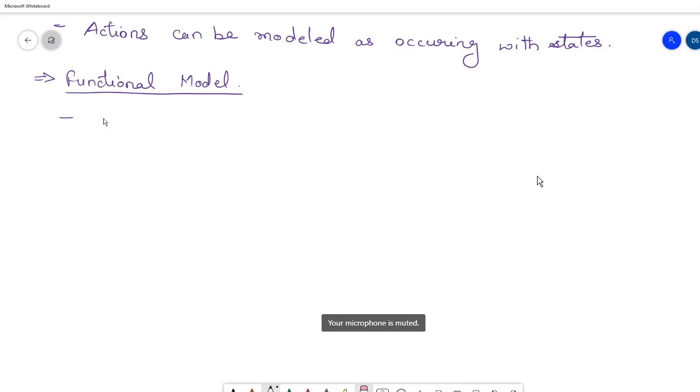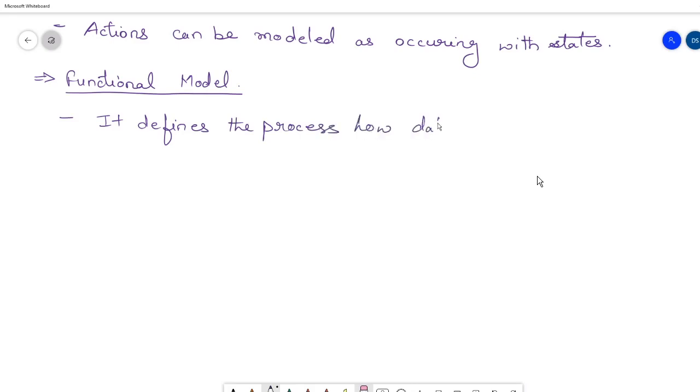So we can see that it defines the process, how data flow is taking place. Okay.